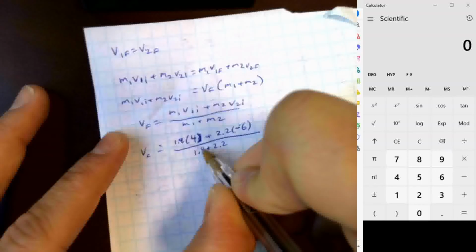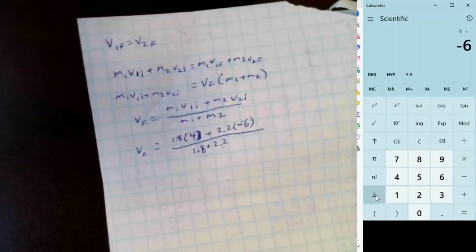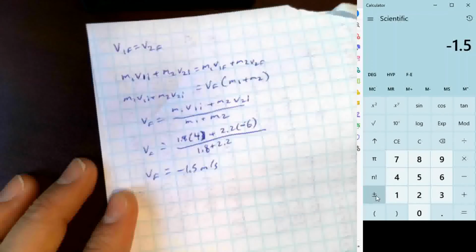Now because I'm not using the elastic energy equations, I don't need to find relative velocities here. So my sum in my numerator is negative 6. Divide that by 4, I get negative 1.5 meters per second is my VF.